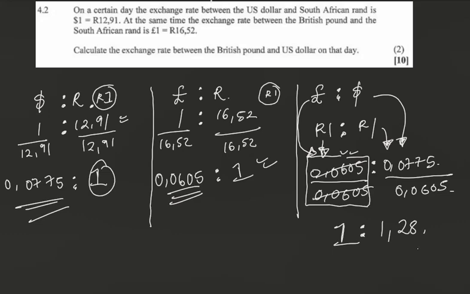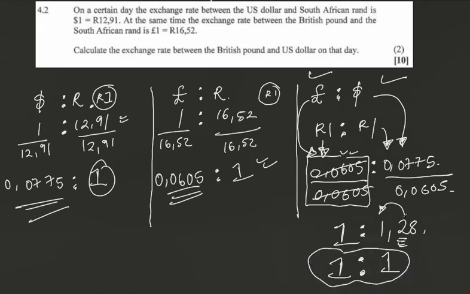If I have to write my ratio to the nearest whole number, I'll just say now 1 is to 1. So which means £1 will be almost equivalent to $1 in relation to how they were compared to the rand, right?